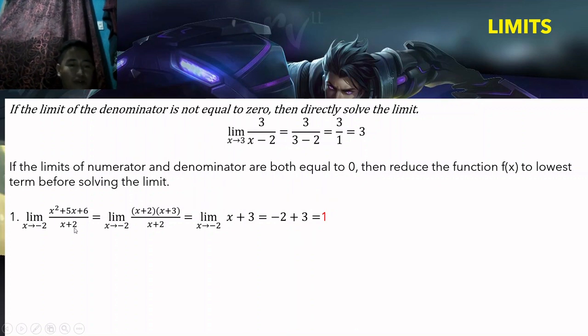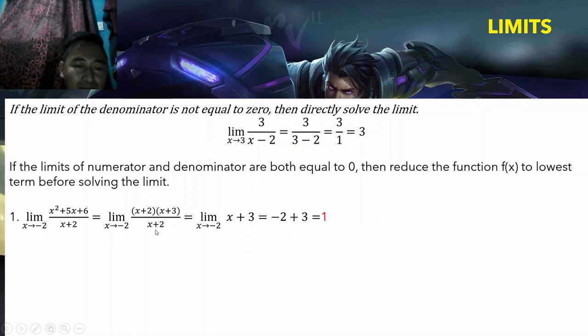So what we do here, since the denominator is x plus 2, we look for x plus 2 in the numerator. We factor the numerator, which is equal to x plus 2 times x plus 3.